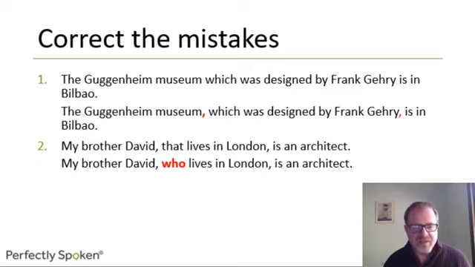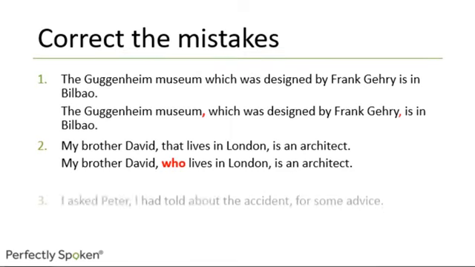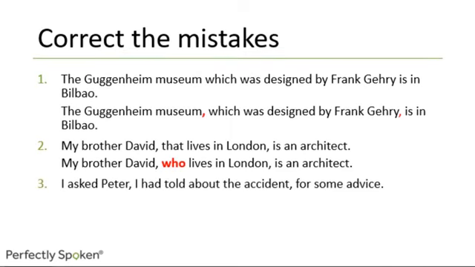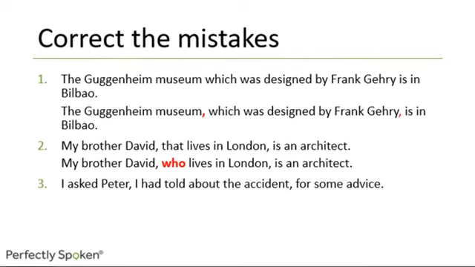Okay, let's have a look at the next sentence then. I asked Peter, I had told about the accident, for some advice. Oops, I'm going to disappear so you can see this.